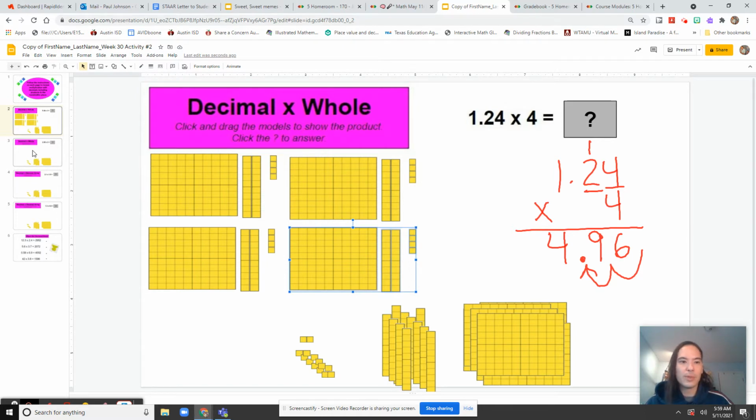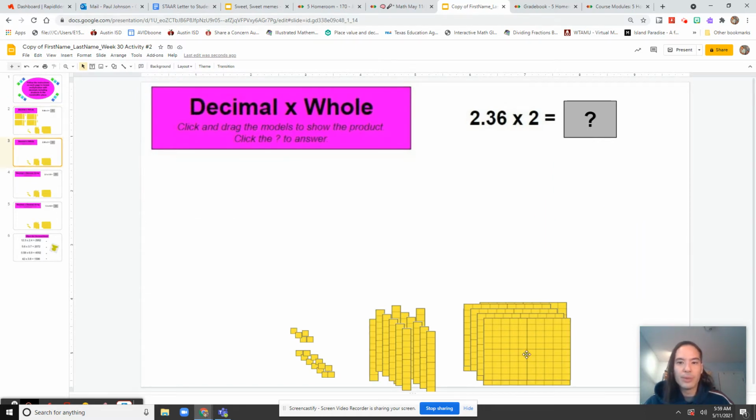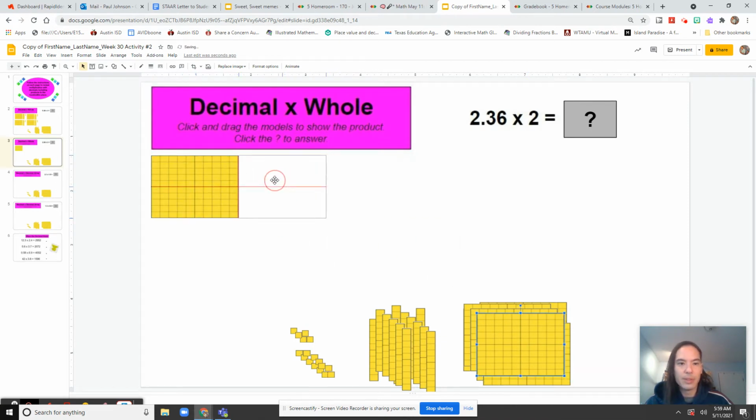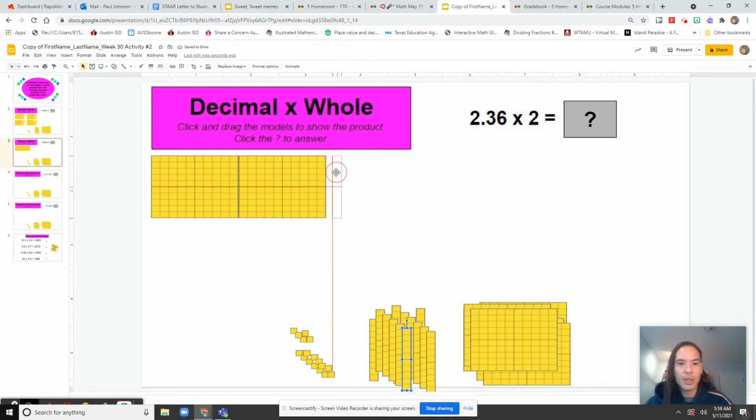All right, next one. So what we're going to do is make two groups of 2 and 36 hundredths. So here is 2 wholes, and then 3/10, and then 6 hundredths.